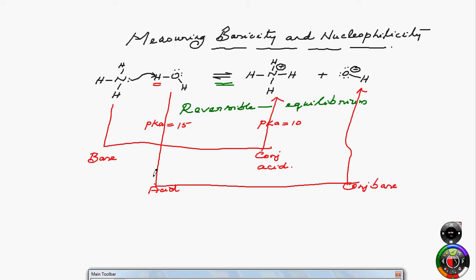So if you see the pK values, the higher the pK value, the weaker the acid.